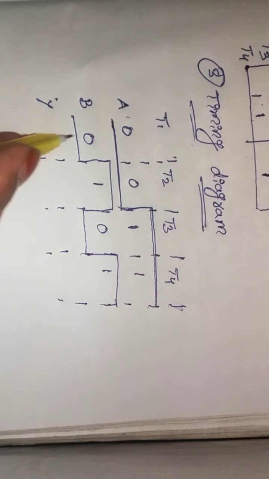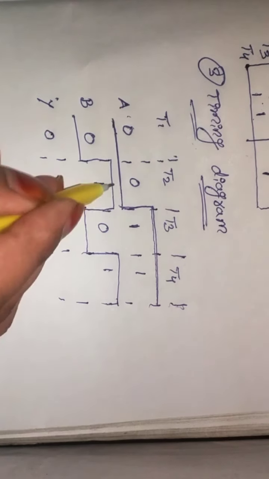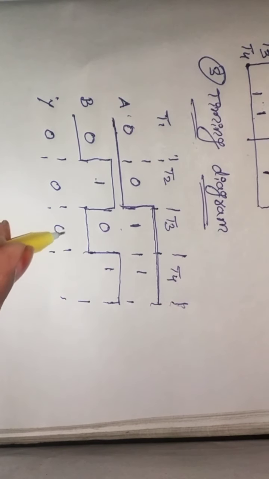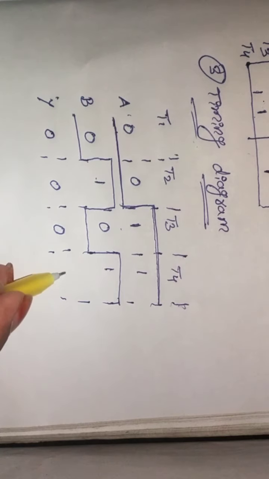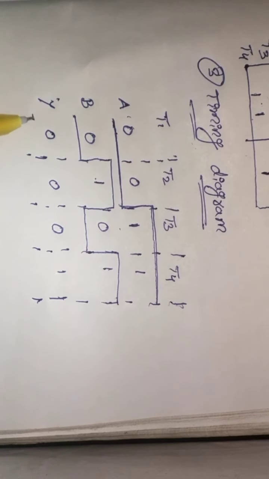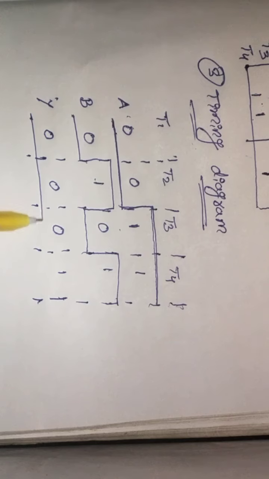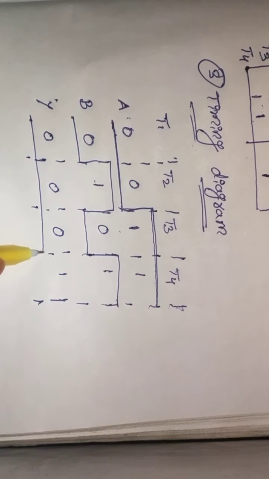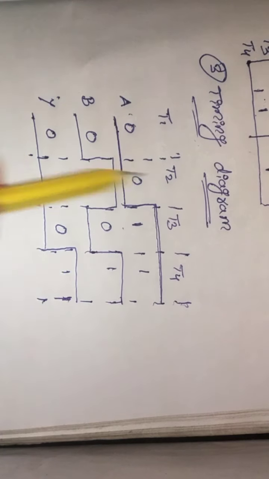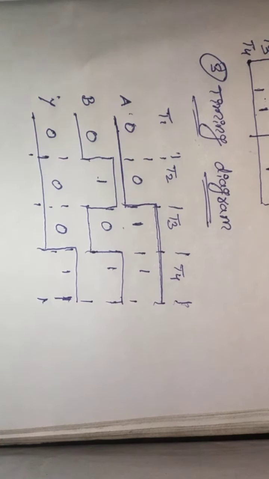Finally, the output comes from 0 into 0 is 0, 0 into 1 is 0, 1 into 0 is 0, 1 into 1 is 1. Then we can write low, low, low, high. This is the timing diagram of the AND gate.